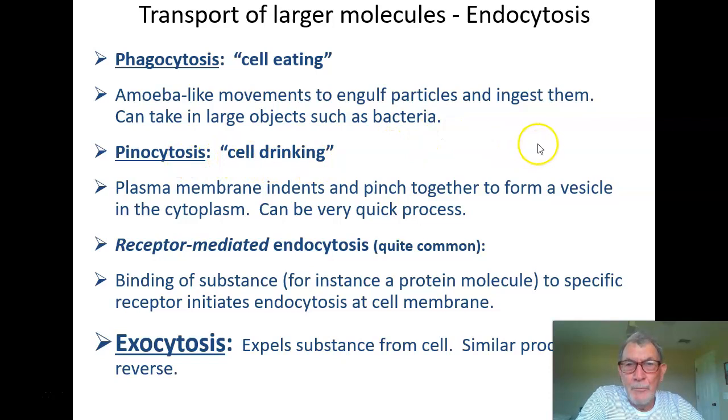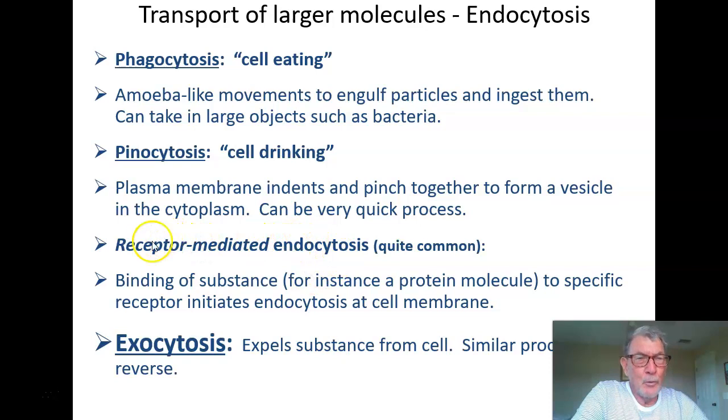Pinocytosis, the cell membrane just makes a little hole here. Stuff goes in it, and then it pops and forms a little bubble inside that has that stuff in it. So pinocytosis is cell drinking. Phagocytosis, big stuff comes in. Pinocytosis, smaller, but still too big to go through a gate.